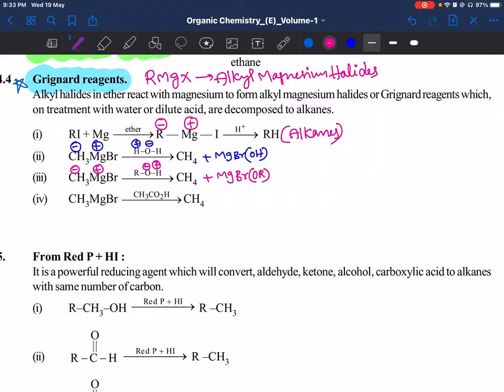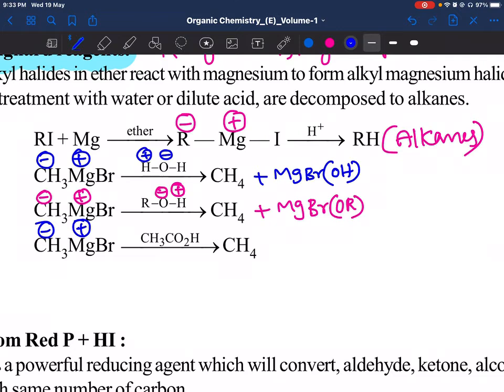Next case, CH3 minus Mg plus with CH3COO minus H plus. There also you will get CH4 plus one other compound, magnesium bromide acetate, CH3COO minus.